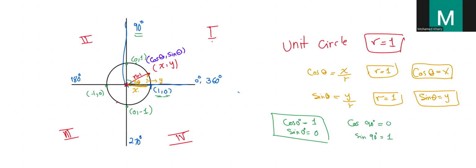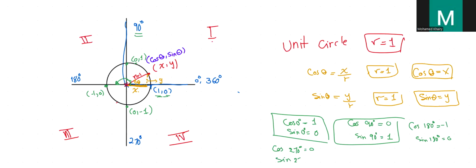Continue here for 180: cosine 180 degrees equals -1, and sine 180 equals 0. Finally, cosine 270 degrees equals 0, but sine 270 degrees equals -1. If you come back here, cosine 360 degrees equals 1 and sine 360 degrees equals 0.